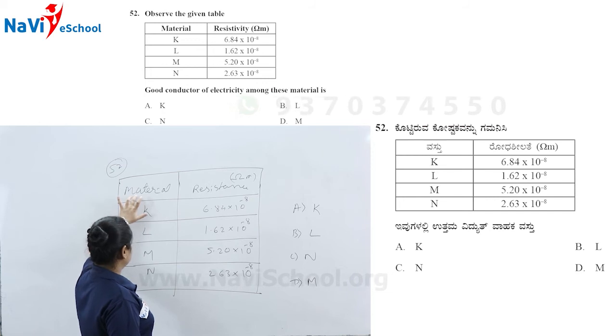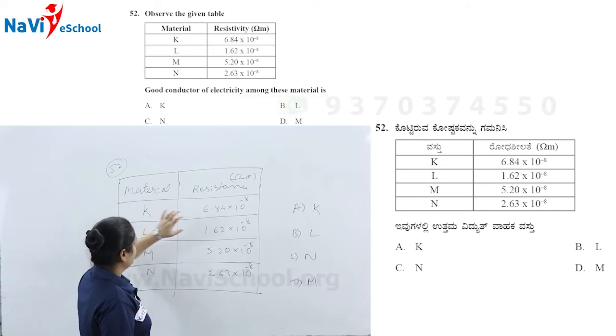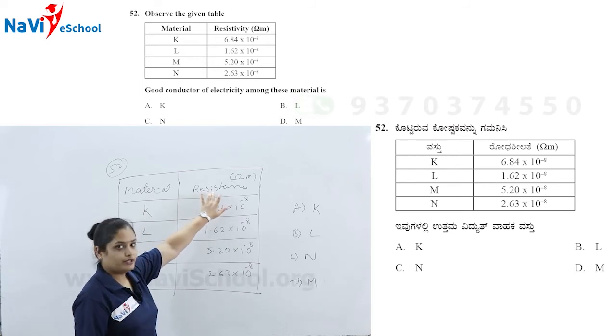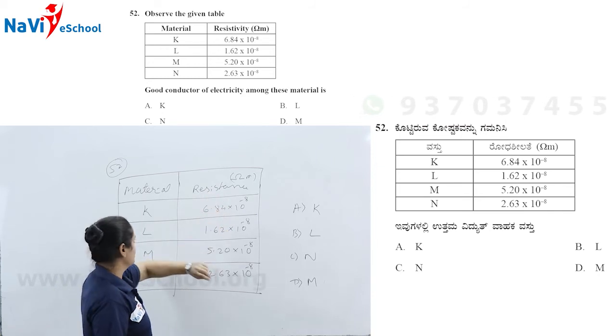In this, the first column has the type of the material, and according to that they have given the resistance here.